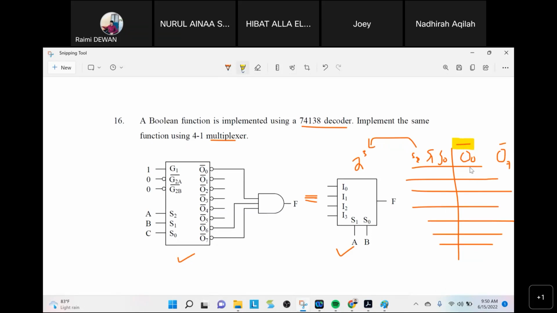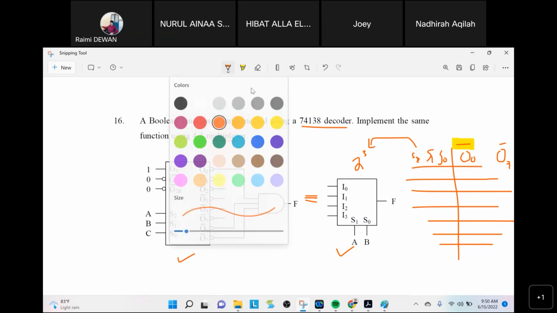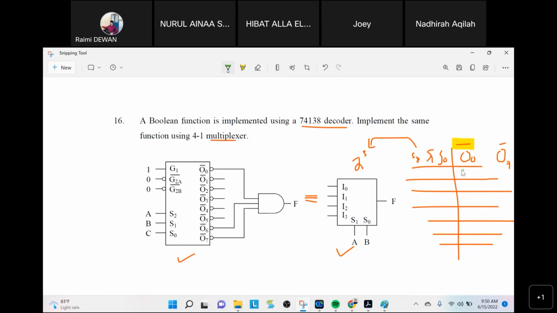Let's say it is high, but what is the output here? 0 or 1? It is 0, yes, it is 0. So you need to make a connection here. 0, 0, 0 until 1, 1, 1.